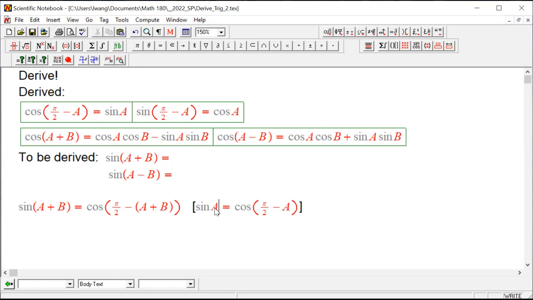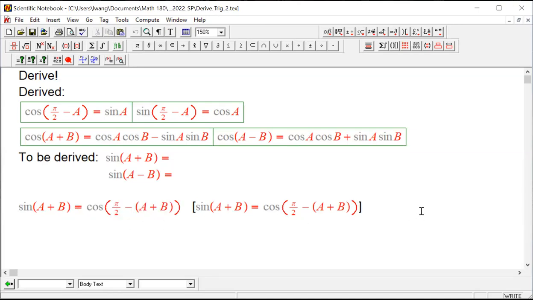To avoid any confusion, say omega replaces a. So when omega is replaced by a plus b, that's what we got here.